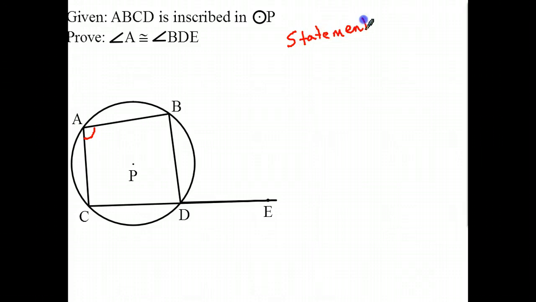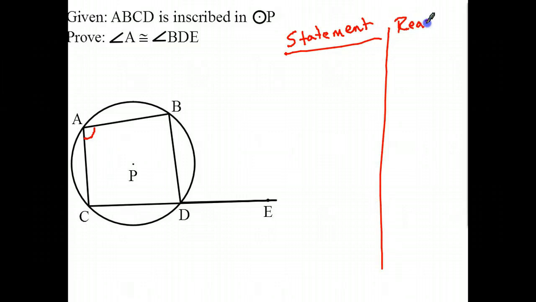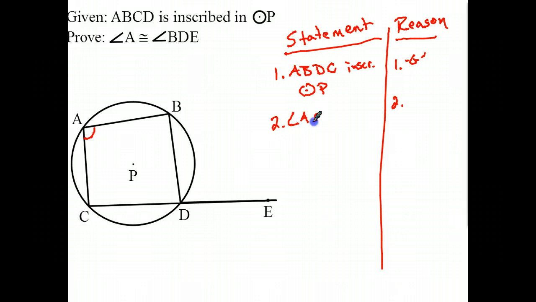We don't have much given. In fact, we only have one piece of information given to us, so we can just state that piece to start. Say that ABDC is inscribed in circle P, and that is given for us. In step 2, we can say that angle A is supplementary to angle BDC.